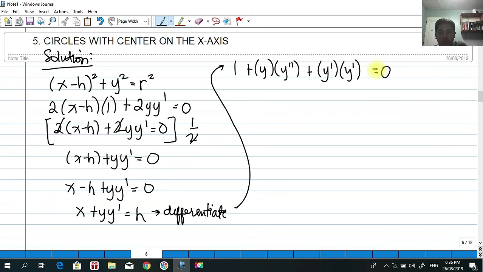That equals 0, because the derivative of this constant is 0. So simplifying, we have 1 plus y y double prime plus (y prime) squared equals 0.